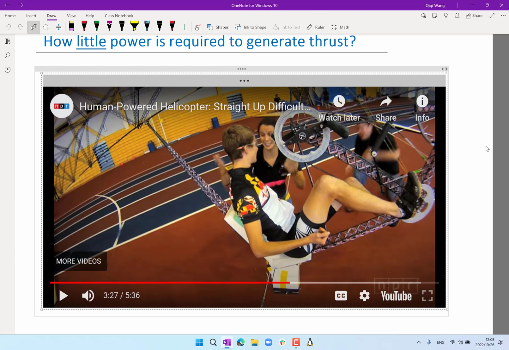So at some point, although this poor guy is cycling like hell, it doesn't go up anymore because the flow in the whole stadium is starting to go around. So anyway, he would have a better record if he's doing this on the open field as opposed to inside the stadium.